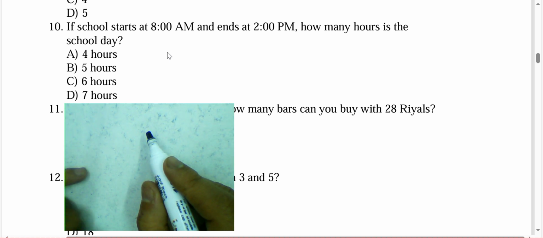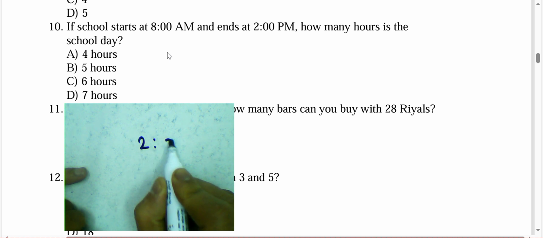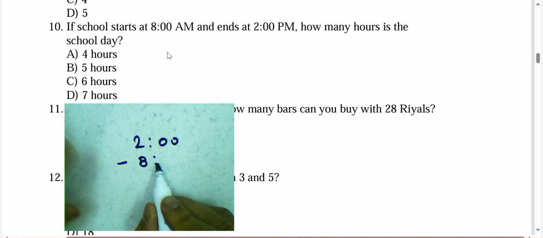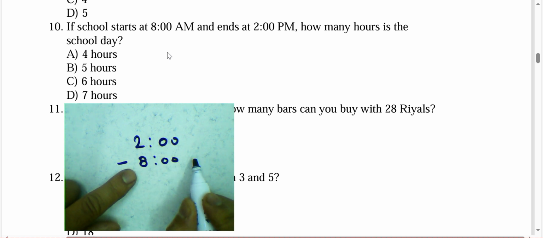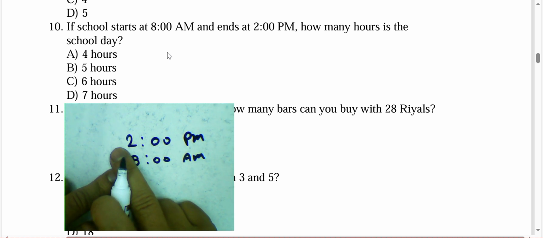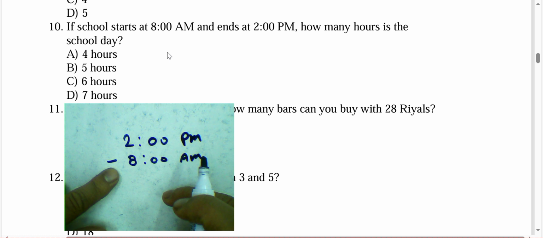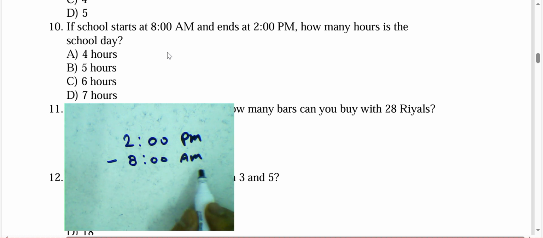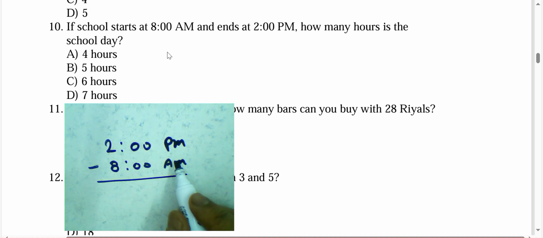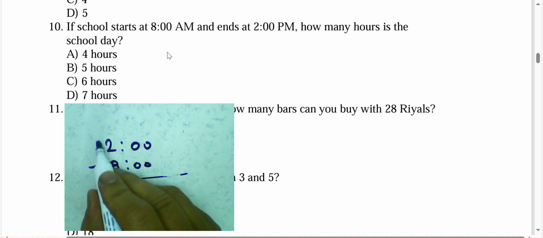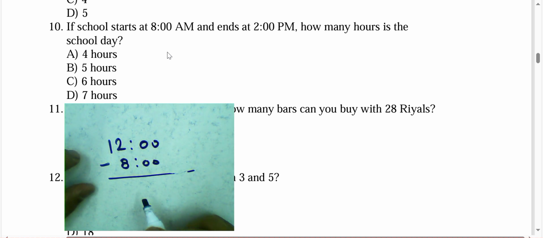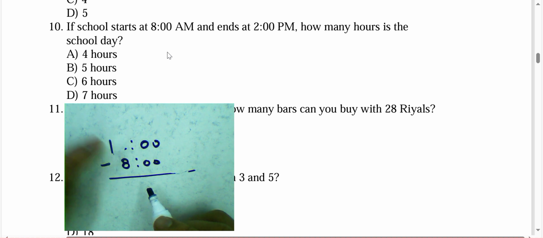School ends at 2 o'clock, subtract 8 o'clock. 8 here is a.m. and 2 p.m. here is after 12. 12 plus 2 equals 14.